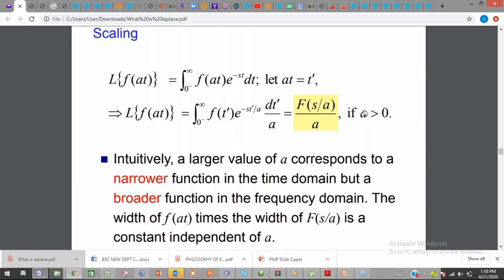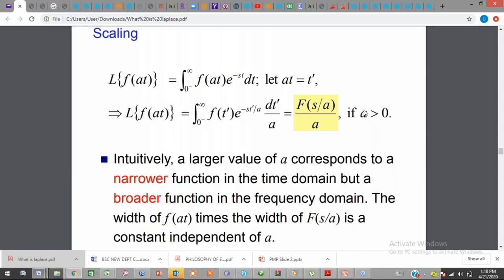Now, on page 28, we are looking at translation in the t or s domain. Now we have translation in the time domain. The Laplace transform of f of t minus a, multiplied by u of t minus a, will give us e to the power of minus a x times f of x, for a greater than 0.